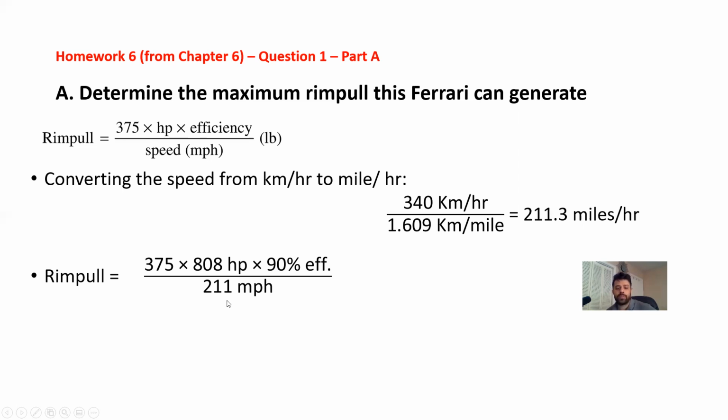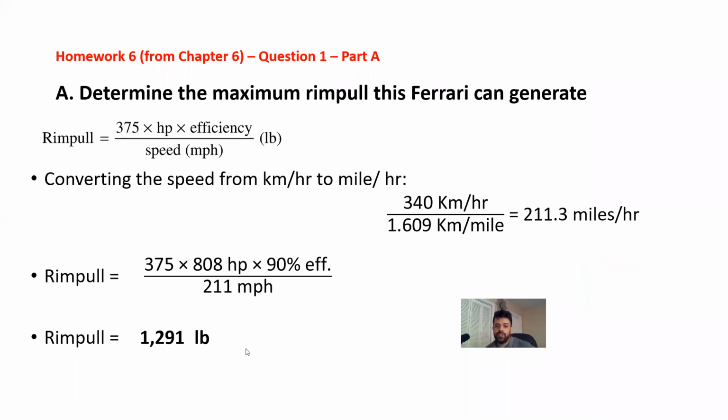And the speed is in miles per hour, so we could simply put it here. The number we find is 1,291 pounds, the rim pull the machine is generating at this speed.